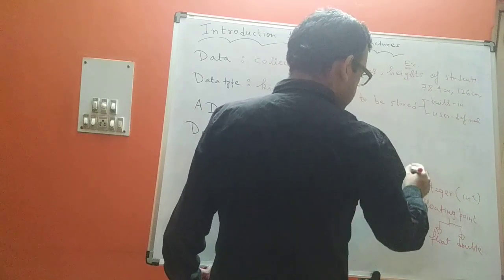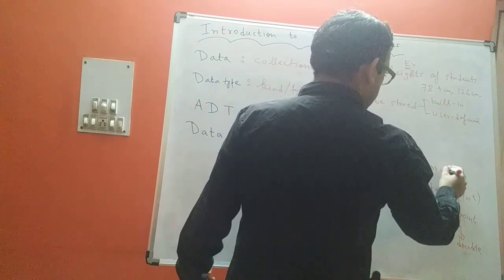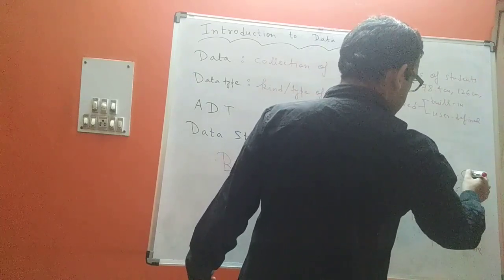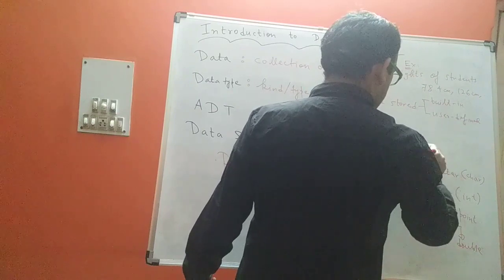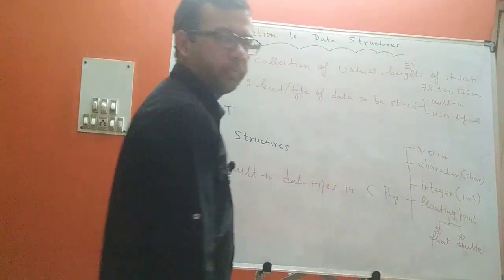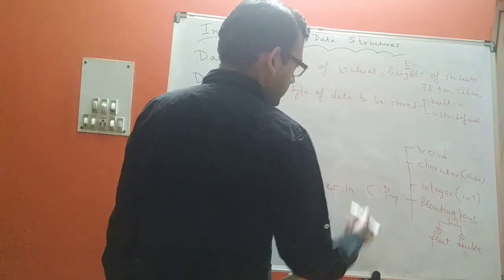What else do you have? You have character type represented through the keyword char, and finally you have the void type, which refers to empty values. Now these are the built-in data types offered in C programming.